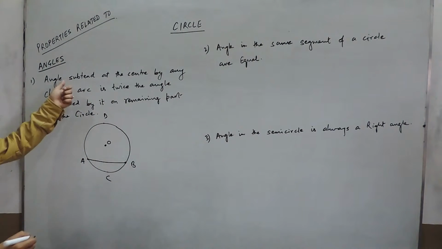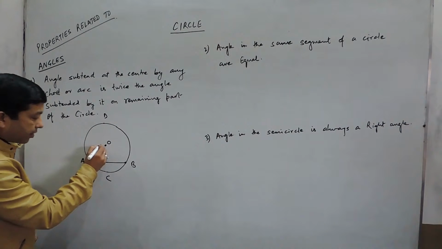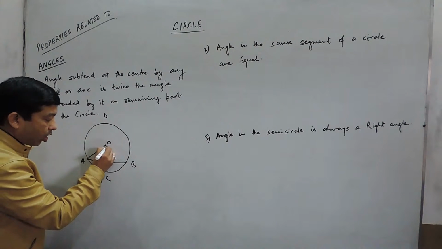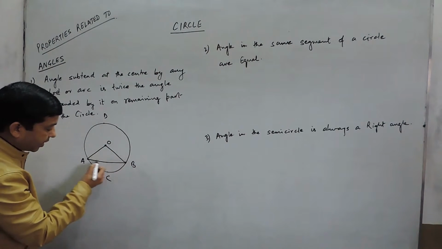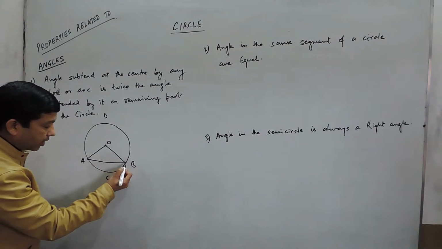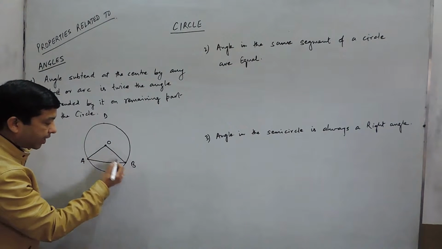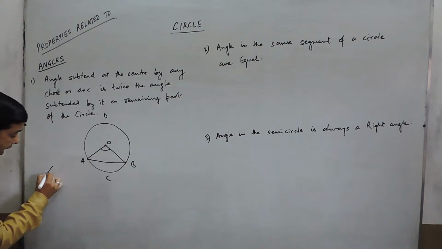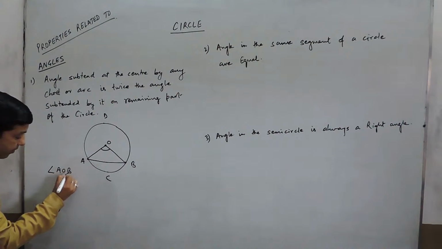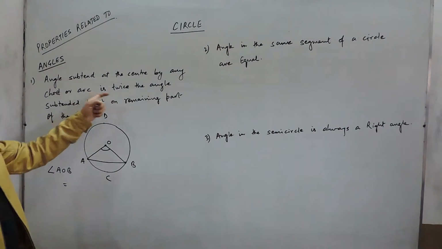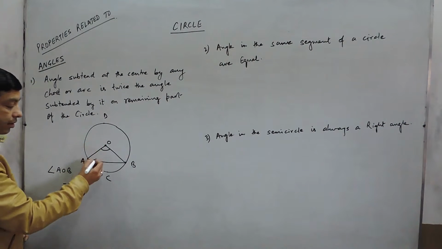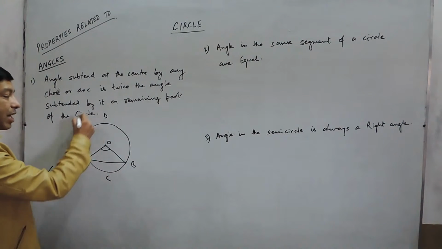So here, the angle subtended at the center by the chord, or we can say by the arc, is the angle known as angle AOB. This is always twice the angle subtended by this arc on the remaining part of the circle.